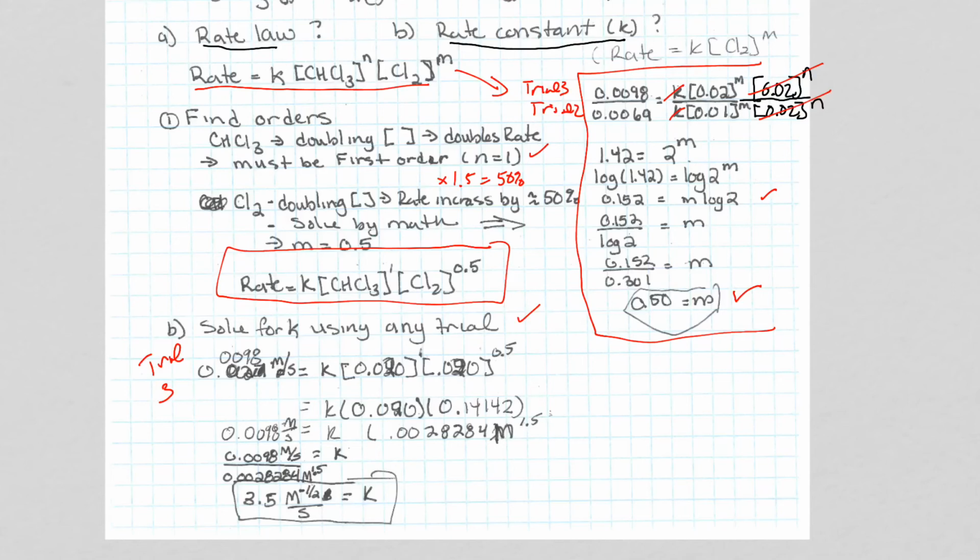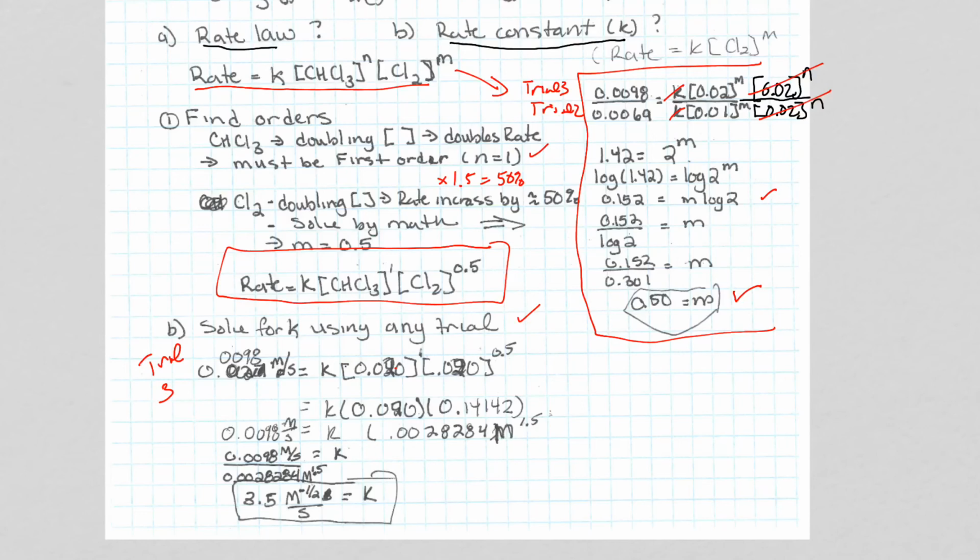Simplify this out, and we get the rate constant times 0.0028 molarity. Remember, the units of this are molarity and the units of this are molarity, so our units here are molarity to the 1.5, not molarity squared.